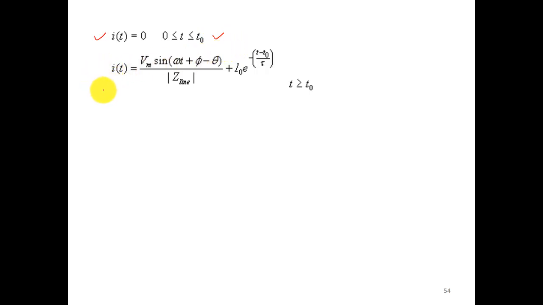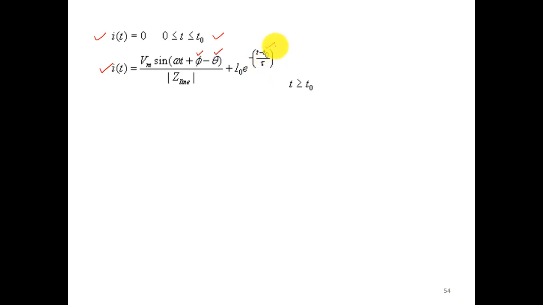As we know, this is an RL circuit. For the RL circuit we have already derived this equation, and this is a basic electrical engineering subject matter. If we derive i(t), we will find Vm by Z line sine of omega t plus phi minus theta, where phi is the phase angle of the voltage and theta is the angle of the impedance of the transmission line, plus I0 e to the power minus t naught by tau.